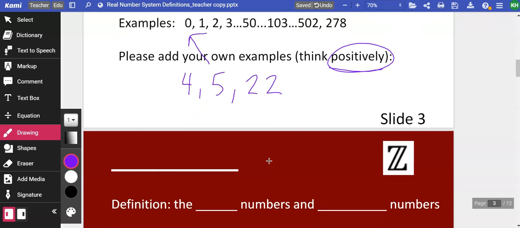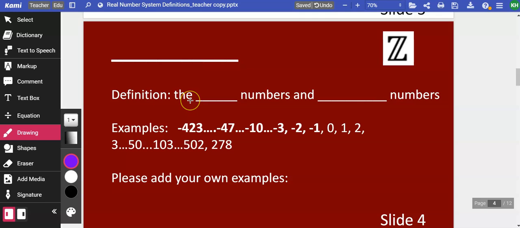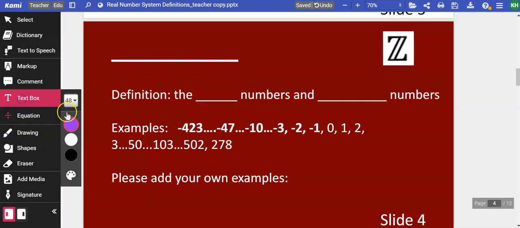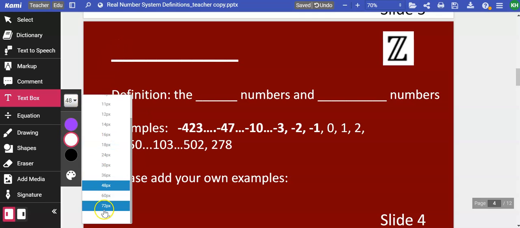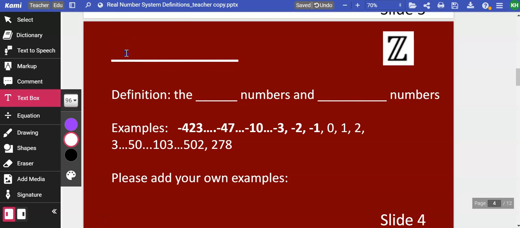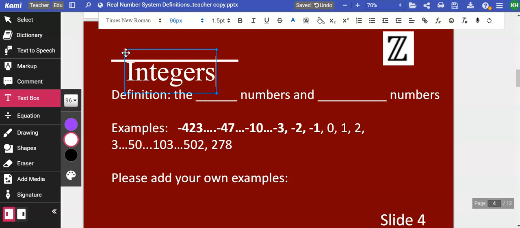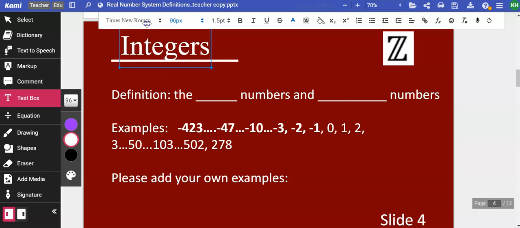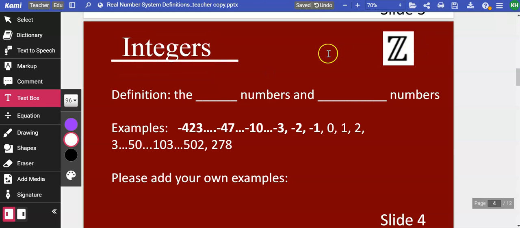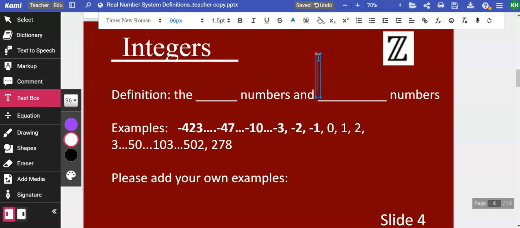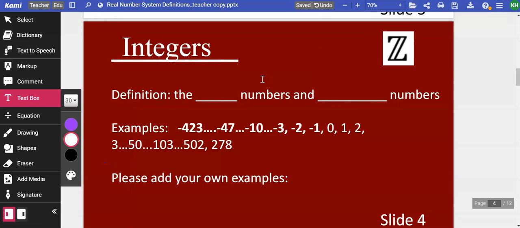So we talked about natural numbers, whole numbers, and now we need to talk about the integers. So I'll go back to the text box, and I'm going to use white so it'll show up, and I'm going to go to the largest font size. So integers. The symbol that represents integers is a Z. And the Z has to do with the word Zahl, which is a German word.